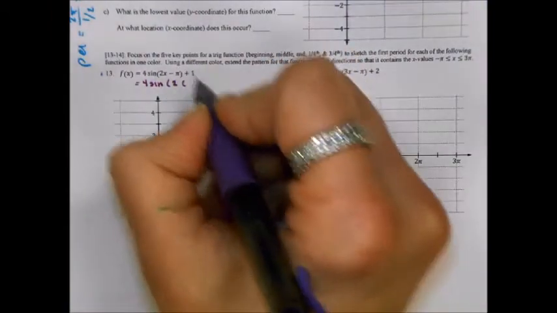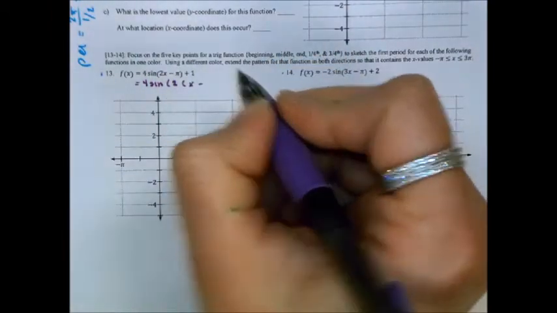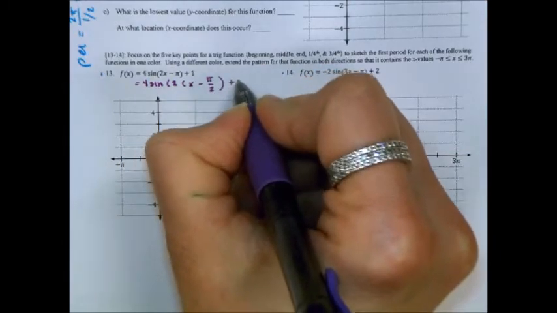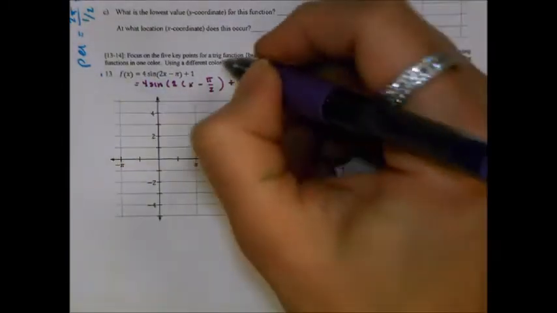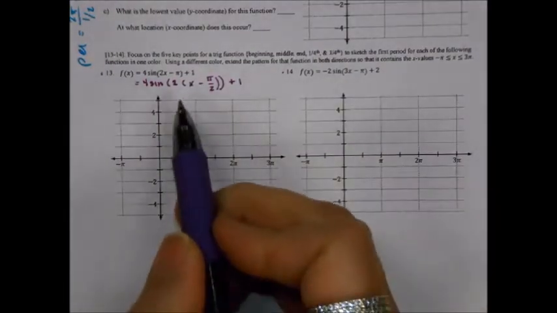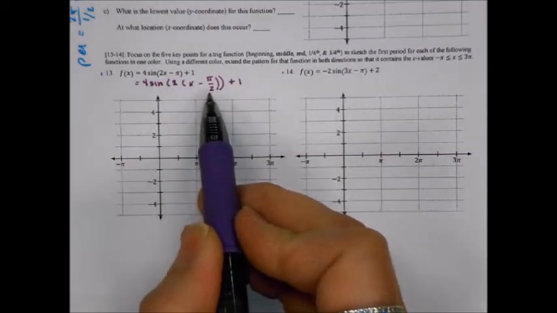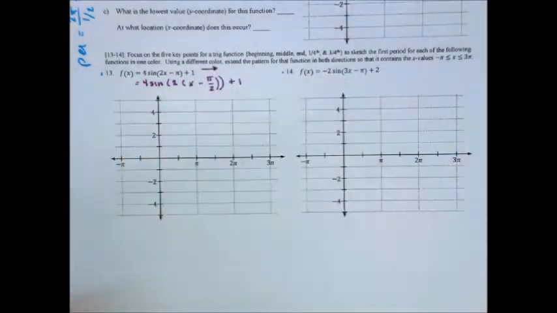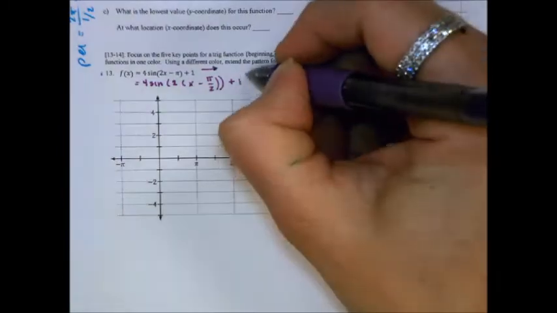So I'm left with x minus pi over 2. Everything else stays the same. We take out that 2, we're left with x minus pi over 2. So the actual translation is pi over 2 units to the right, and as you saw earlier, 1 unit up.